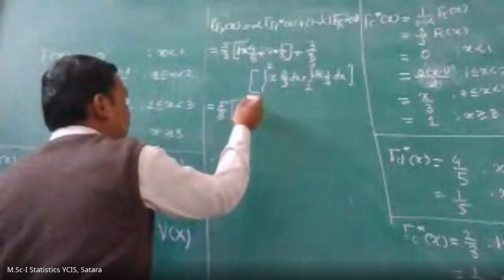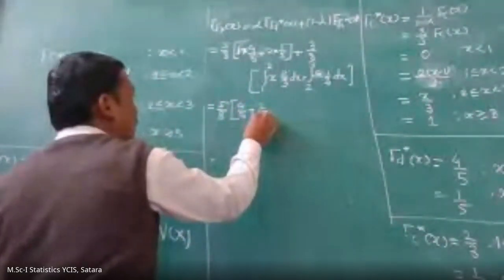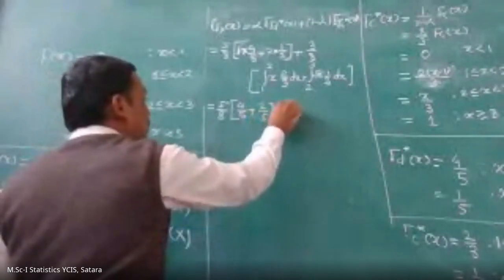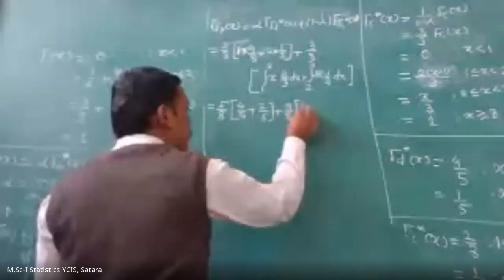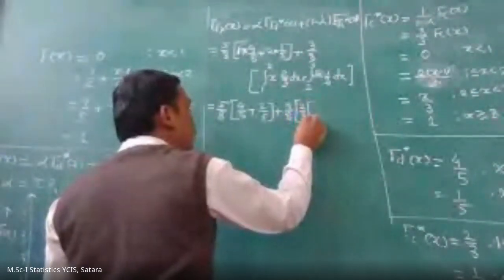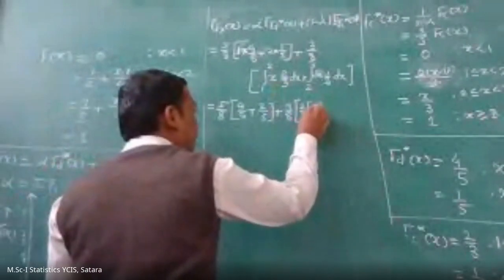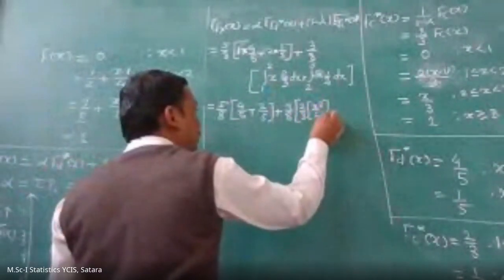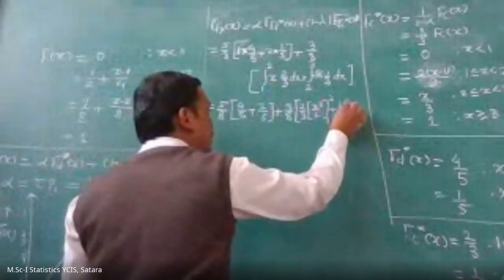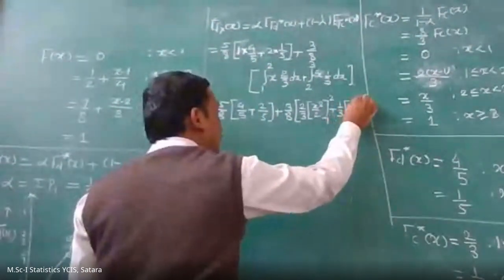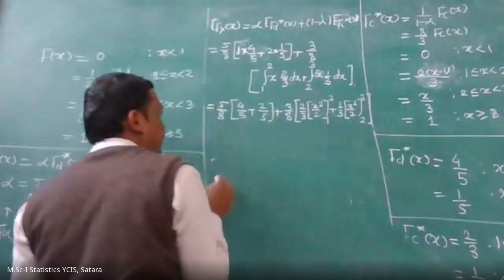so which is equal to 5 by 8 into (4 by 5 plus 2 by 5) plus 3 by 8 into 2 by 3 into the integration of x dx, that is x square by 2 from 1 to 2, plus 1 by 3 into x square by 2 from 2 to 3.